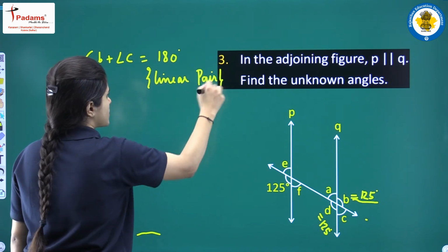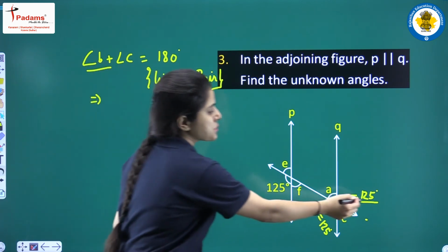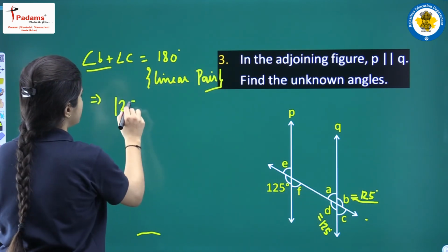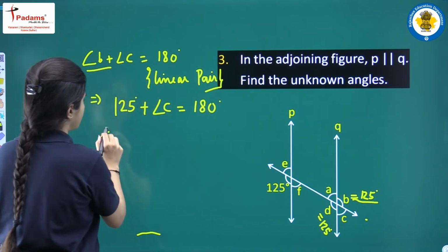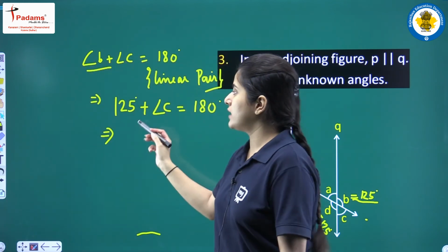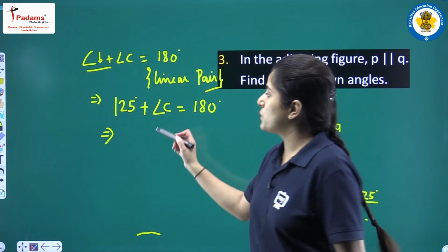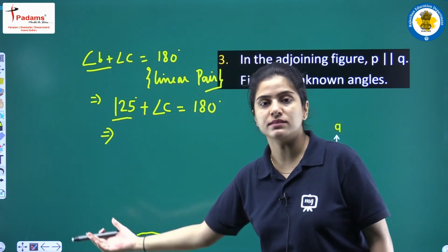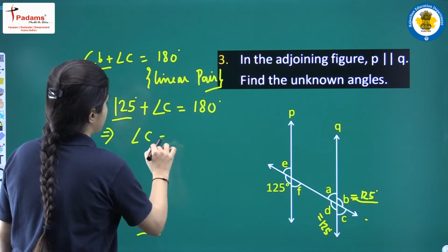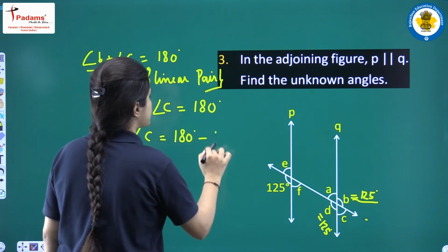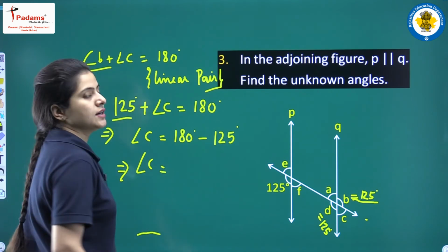We know the angle B is 125 degrees plus angle C equals 180 degrees. So we'll transpose this 125 from the left hand side to the right hand side. So this angle C will be equal to 180 degrees minus 125. Okay students, so this angle C will turn out to be 55 degrees.